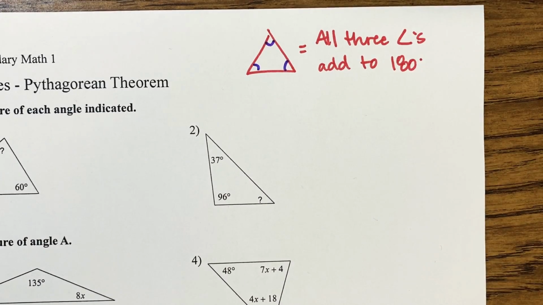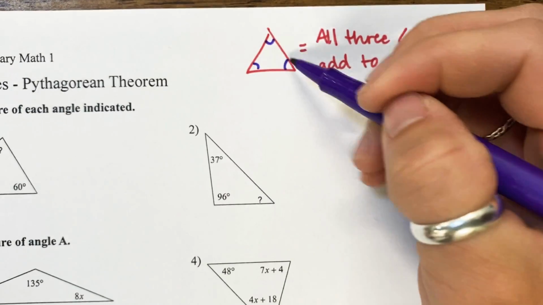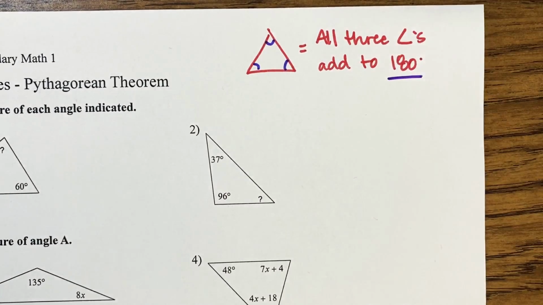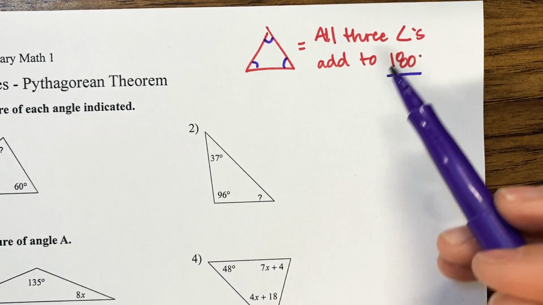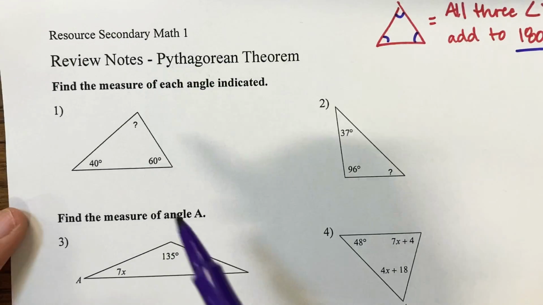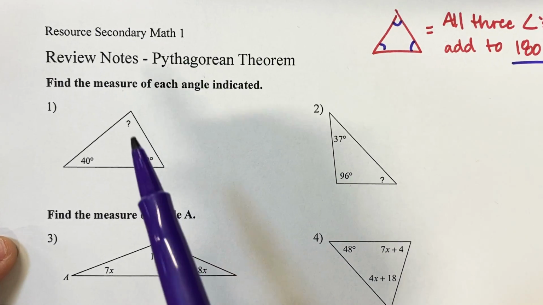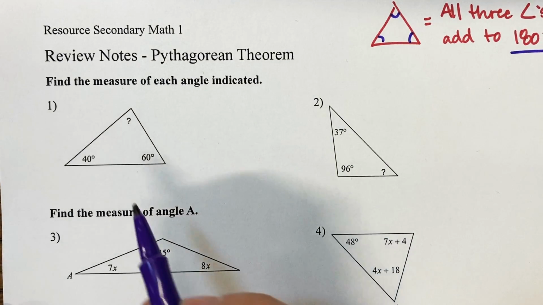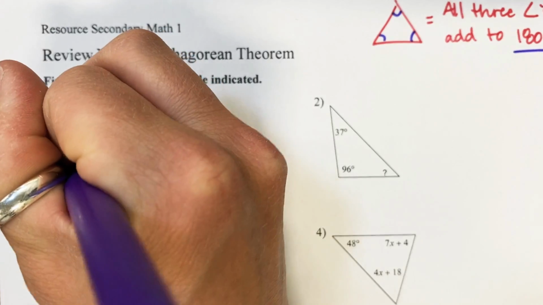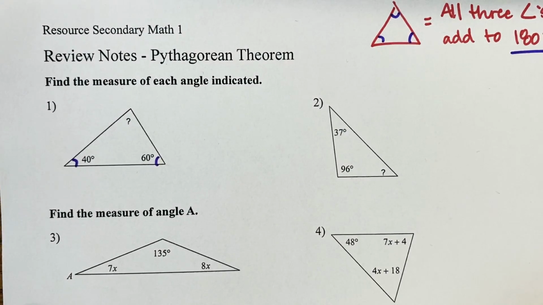Okay, sorry about that. So we know that all 3 of these angles have to add to 180 degrees. So if we know that all 3 angles always add to be 180, we can use the angles that it gives us to find the missing angles. For number 1, it gives us 2 angles, 40 degrees and 60 degrees.